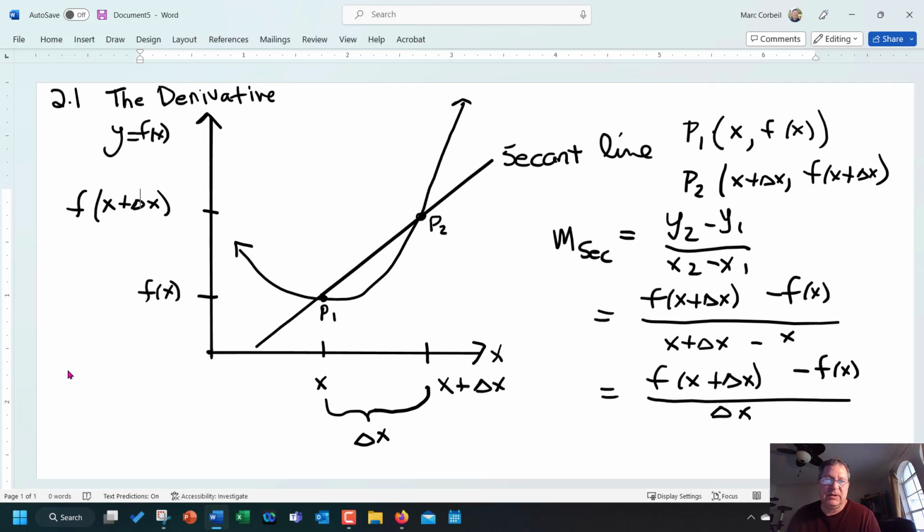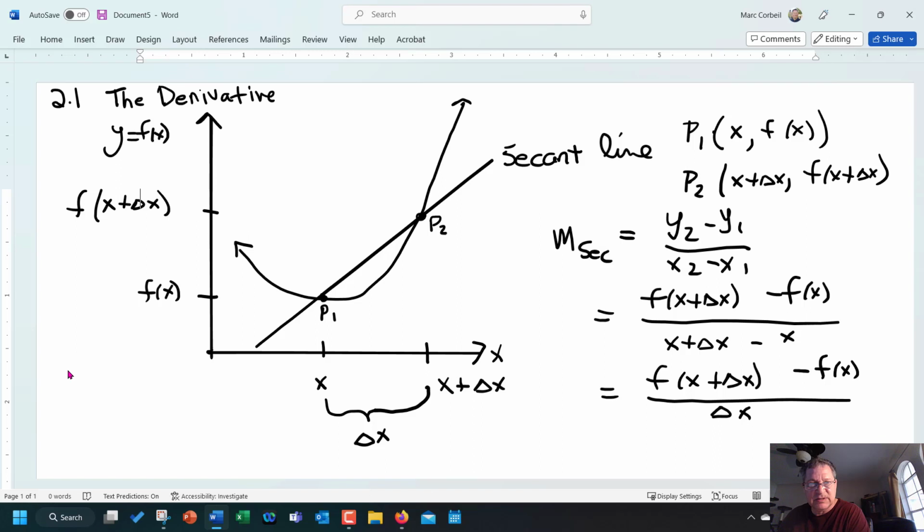Now, if we arbitrarily start making this delta x small, we talked about that before, we would actually get a tangent line. So we can keep doing this, making this delta x smaller and smaller and smaller until we have a single value going through this line. The way I've drawn it, it might actually be right here.